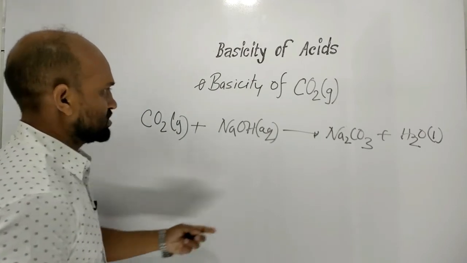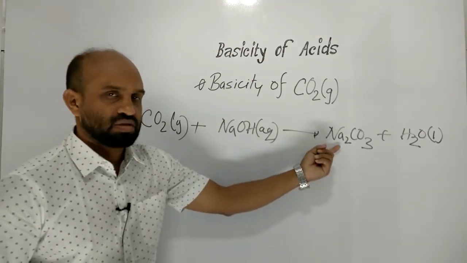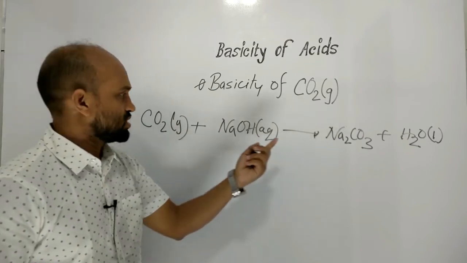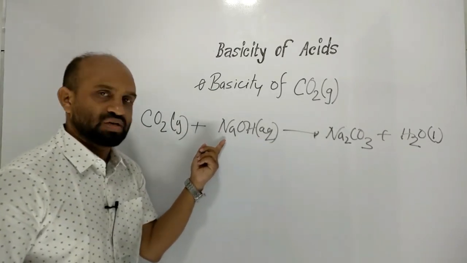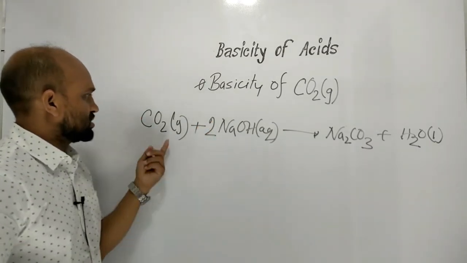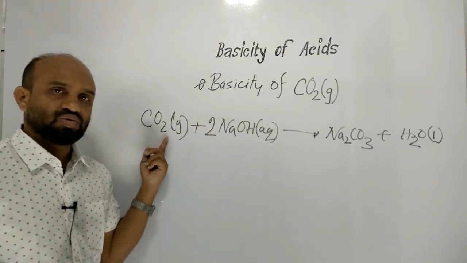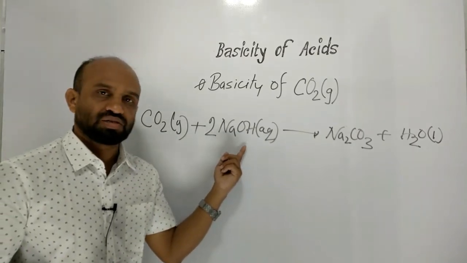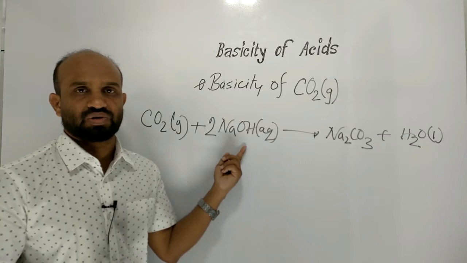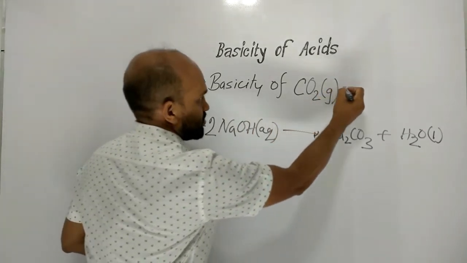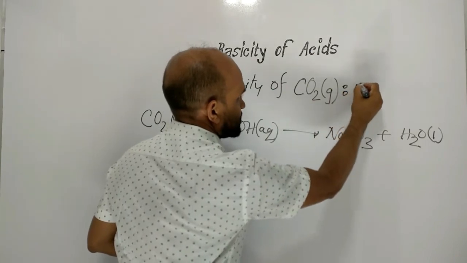Here we see that in the product there are 2 sodium atoms. To balance, 2 is put here. That means here 1 mole of carbon dioxide neutralizes 2 moles of sodium hydroxide. That is why basicity of carbon dioxide is 2.